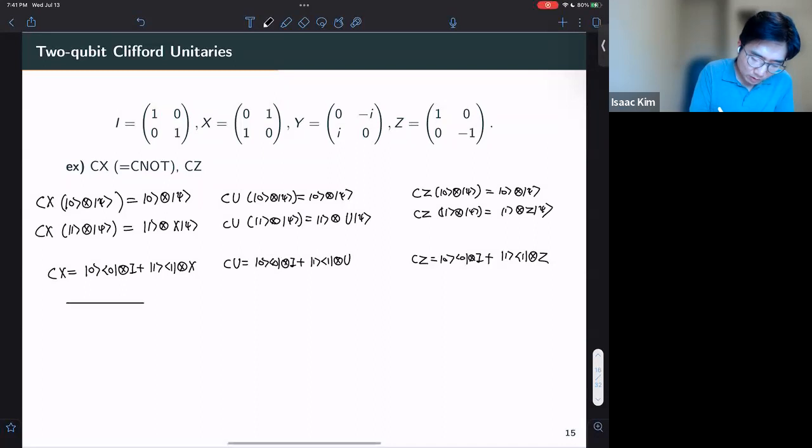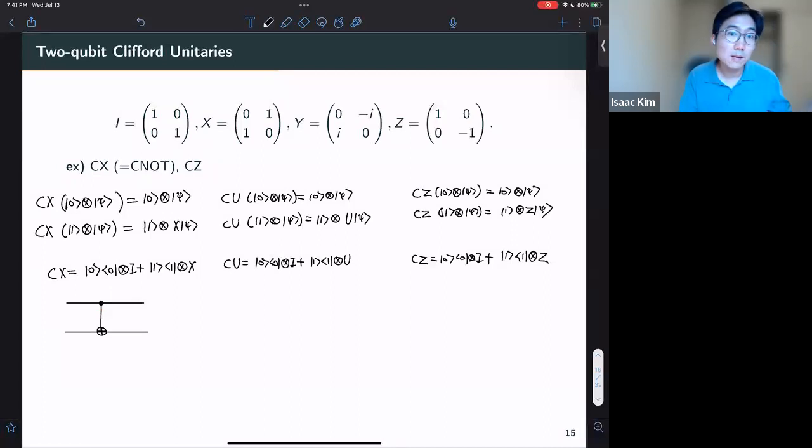And diagrammatically, if I want to draw this in a quantum circuit diagram, I would do this. So this is the CX gate. And you see this dot here, right? A black dot. Whenever you see a dot, that means that this is the qubit that is controlling the other qubit.